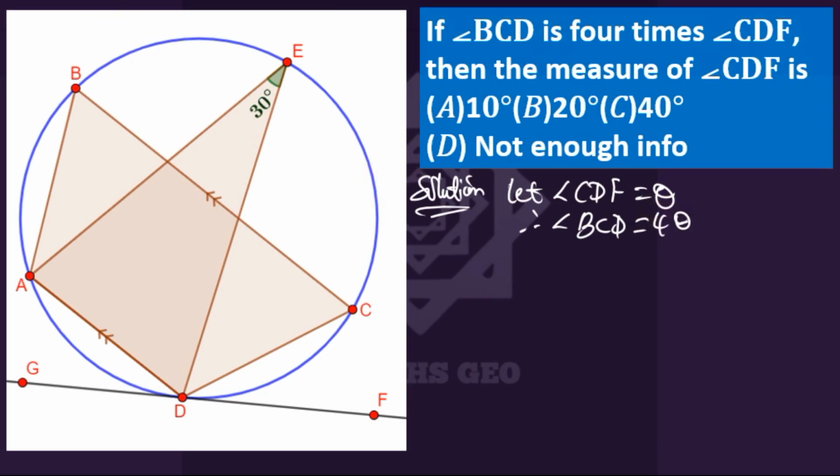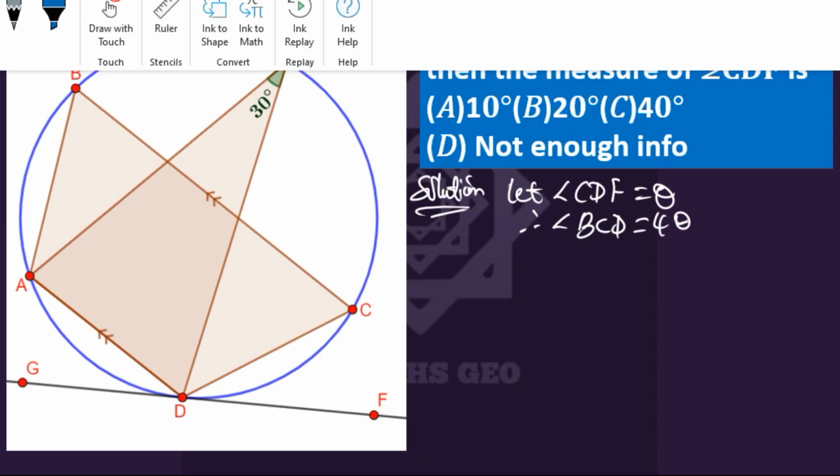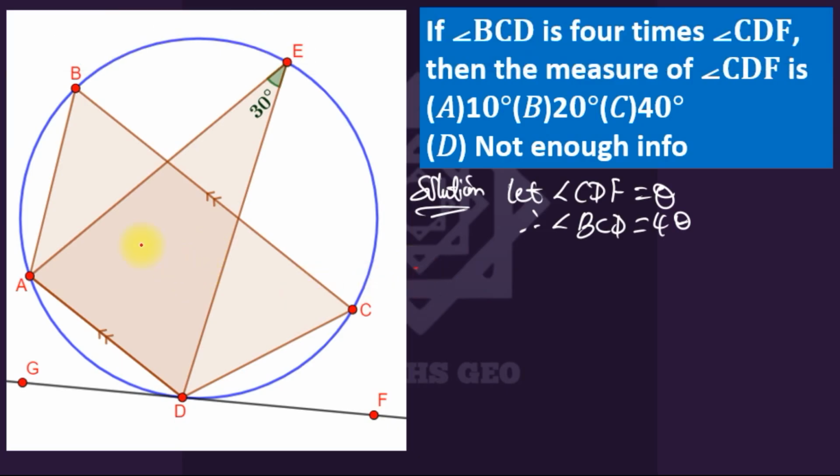So let's go to the diagram. As you can see, I'm seeing a cyclic quadrilateral, and also an inscribed triangle and a tangent line. So from here we see that this angle should be 30 degrees, by alternate segment theorem.